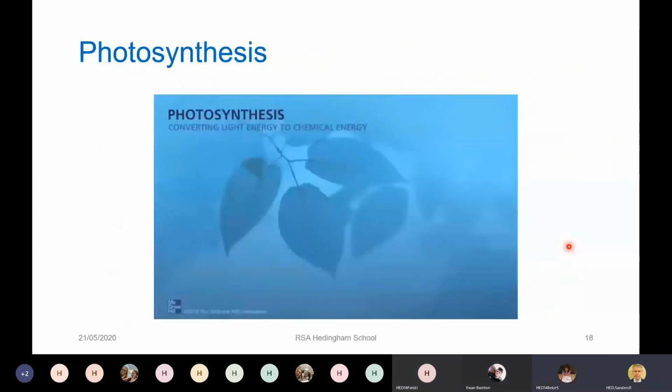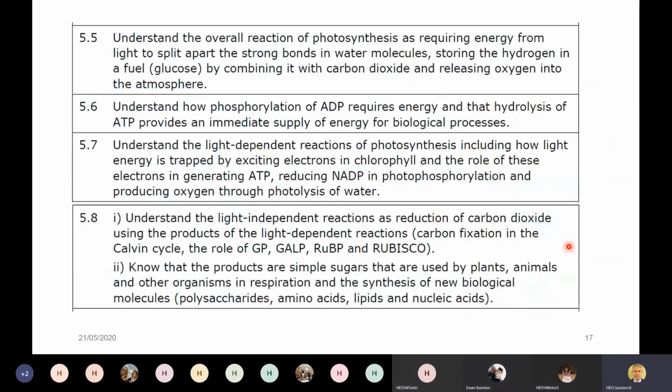So just to go back, 5.7: understand the light dependent reactions, including how light energy is trapped by exciting electrons in chlorophyll, the role of electrons generating ATP and reducing NADP, and producing oxygen.